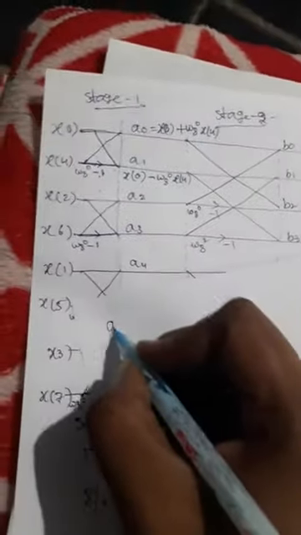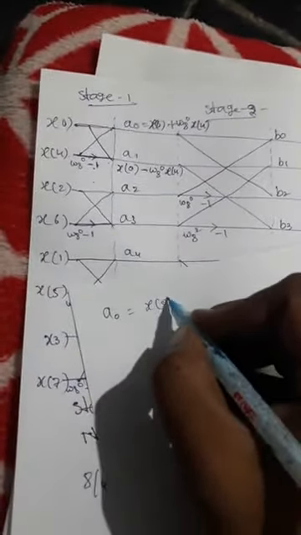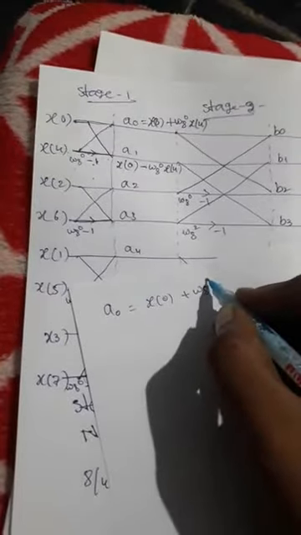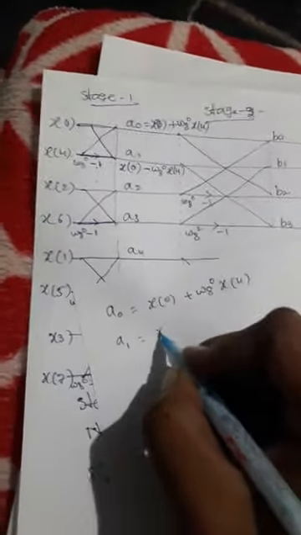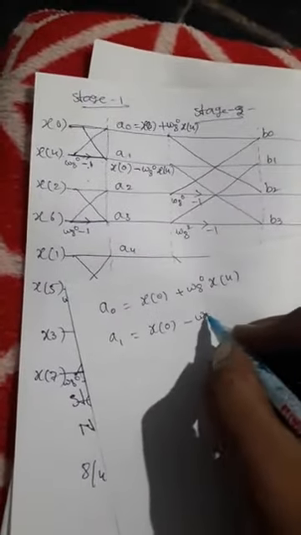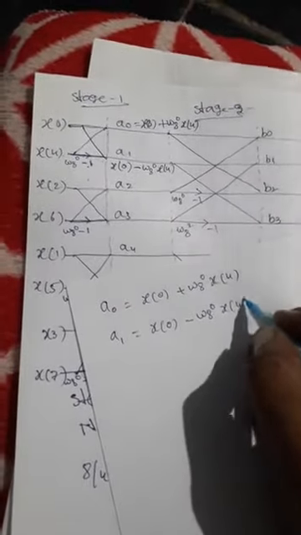See here A0 is x of 0 plus W8 to the power of 0, x of 4, and A1 is x of 0 minus W8 to the power of 0, x of 4.